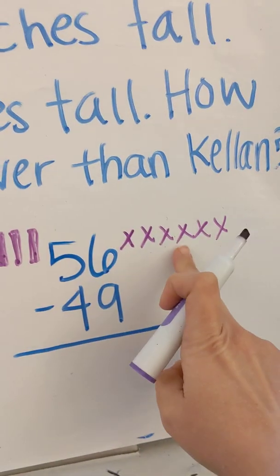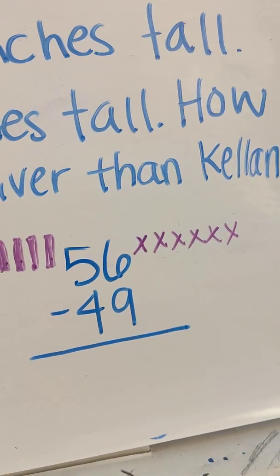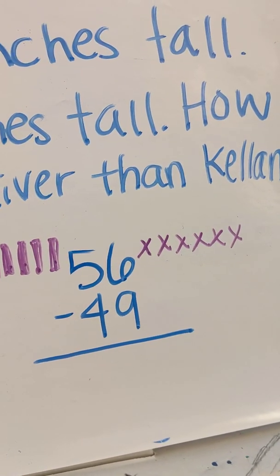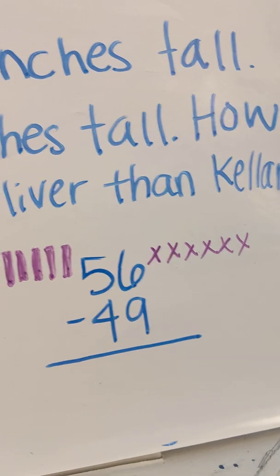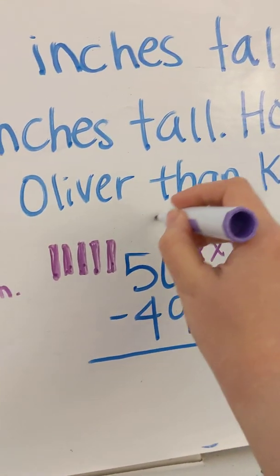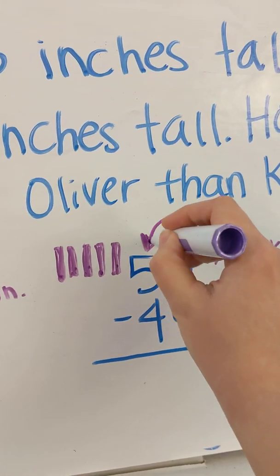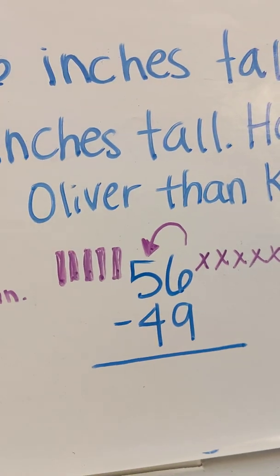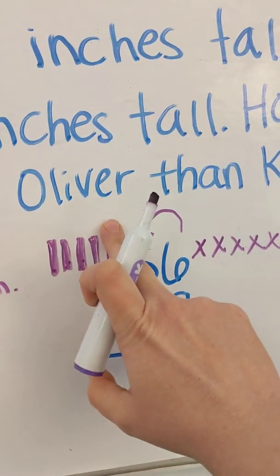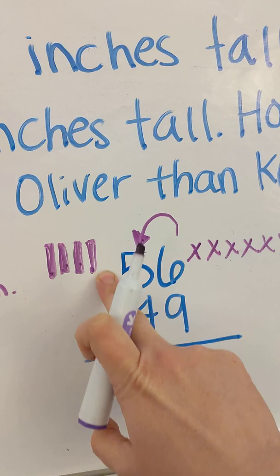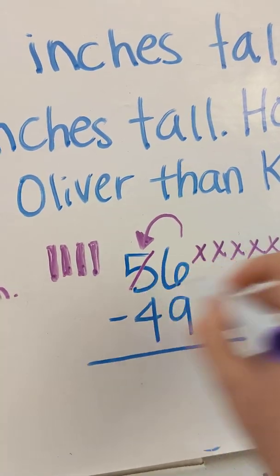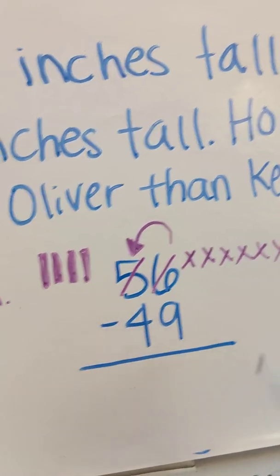Now, is 6 enough to take away 9? No, it isn't. I don't have enough, so I have to go next door to the tens place and borrow or regroup a 10. So I'm going to erase one of these tens, and I'm going to move it over to the ones place.